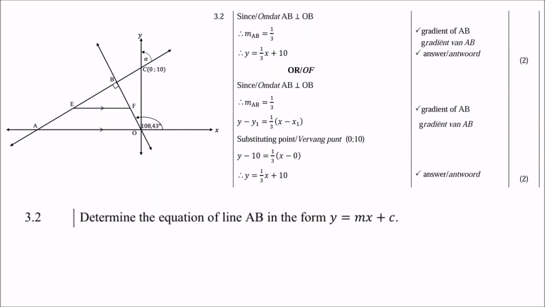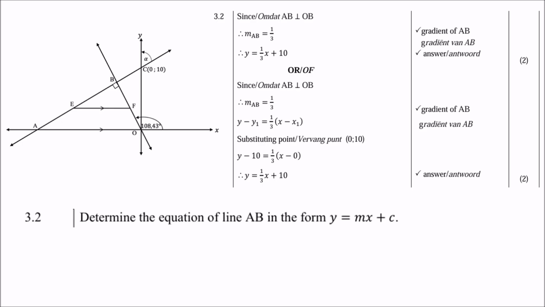And of course, the y-intercept was given as 10. Therefore, the answer is y equals 1/3 x plus 10. Or you can use the formula y minus y1 equals 1/3 (x minus x1). Remember, we do have point C, which is (0; 10). So remember, there's always more than one way to solve a problem.